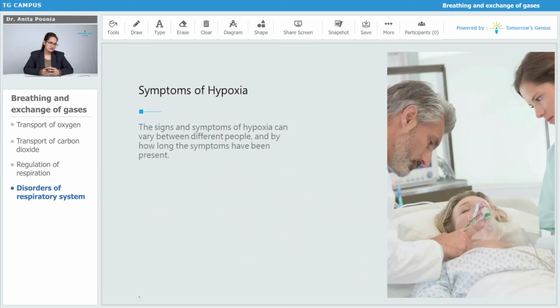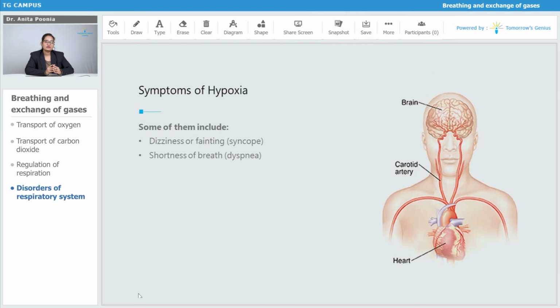Talking about the symptoms of hypoxia, students, the signs and symptoms of hypoxia can vary between different people, and by how long the symptoms have been present, we can understand. Some of the symptoms of hypoxia include dizziness or fainting, that is syncope, and shortness of breath, that is dyspnea.